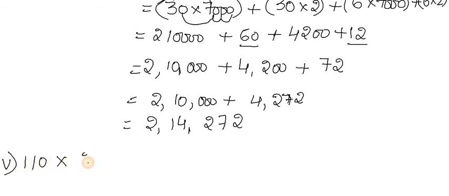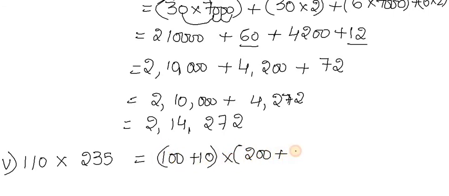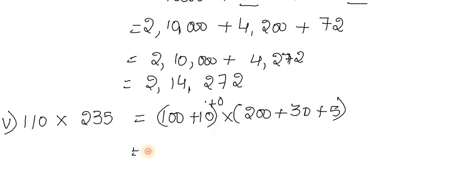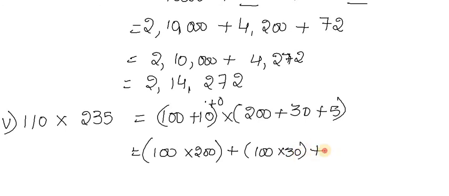110 multiplied by 235. So 110 can be written as 100 plus 10, multiplied by 235 can be written as 200 plus 30 plus 5. And this 10 also can be written as 10 plus 0. Okay. So first we will multiply 100 into 200 plus 100 into 30 plus 100 into 5.